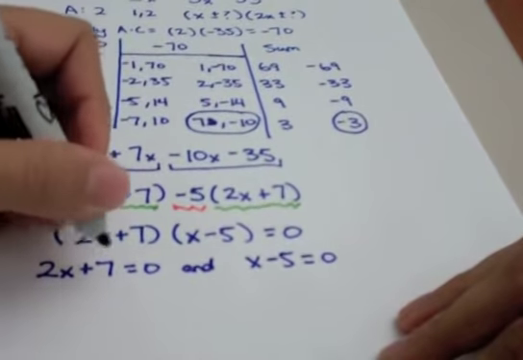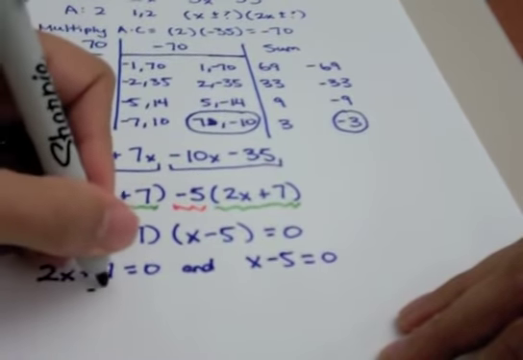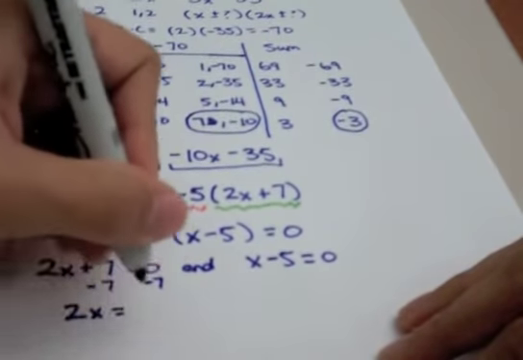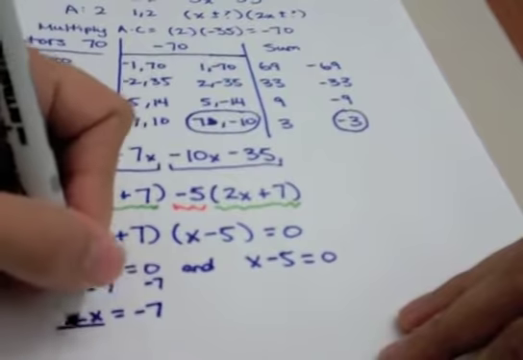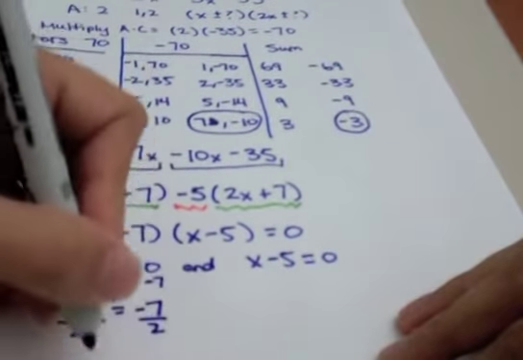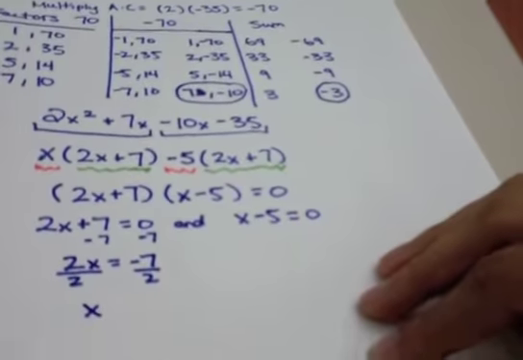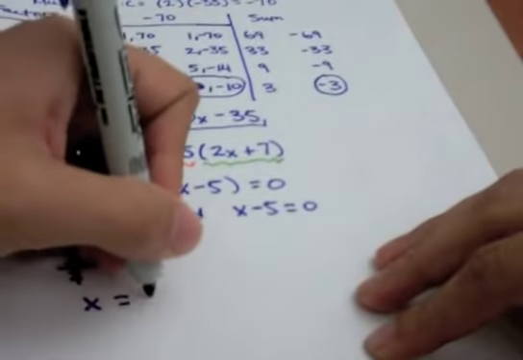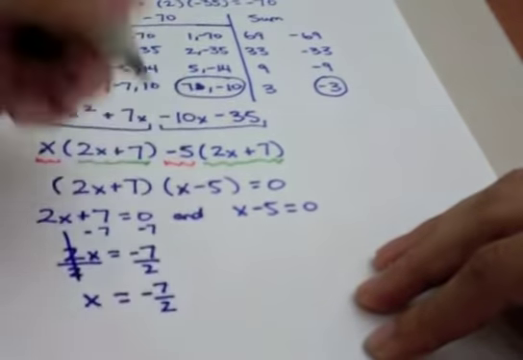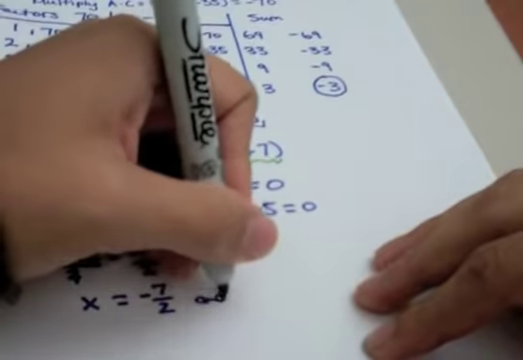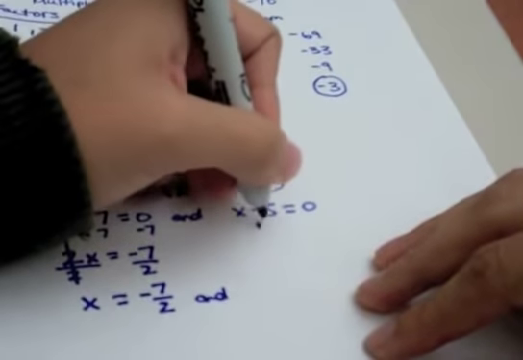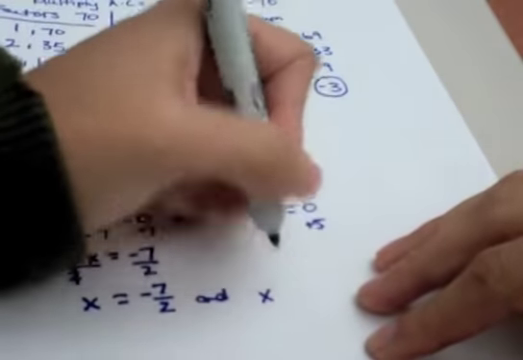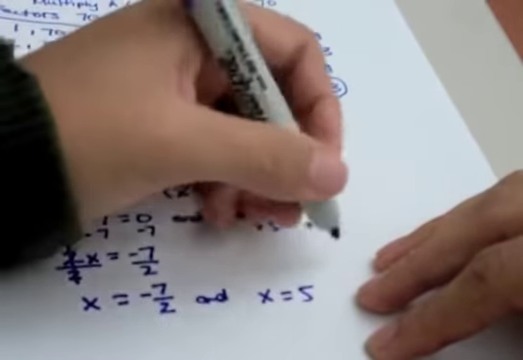Here you subtract 7 from both sides, minus 7, minus 7, so you get 2x equals negative 7. Divide both sides by 2 to get x by itself. These cancel, and you get x equals negative 7 halves. And here you just add 5 to both sides to get rid of the 5. This is going to be x equals 5.